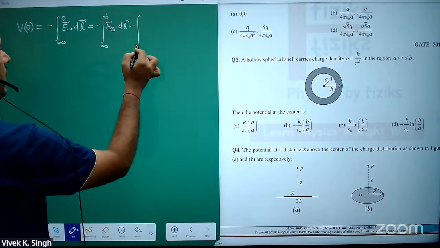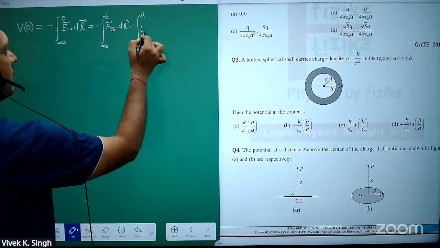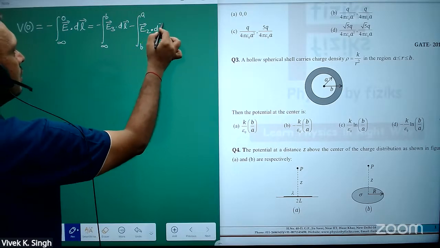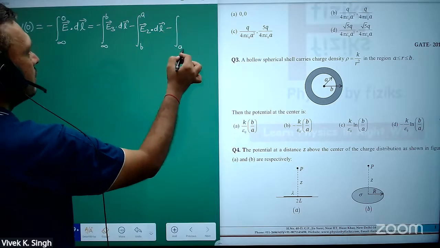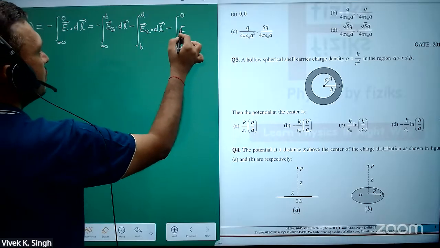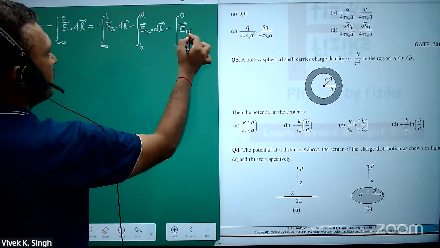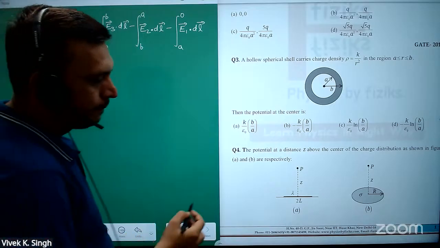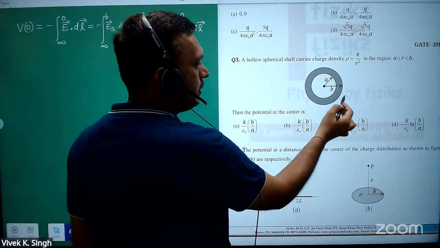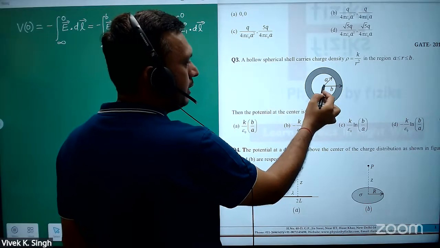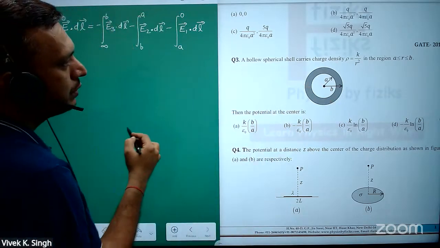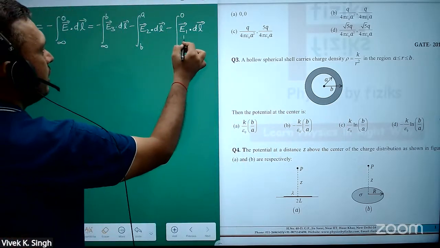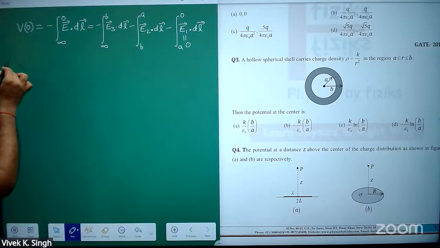Then minus B to A, E2 dot dl. And then minus A to 0, E1 dot dl. Because electric field E1 is 0, this term will be 0.